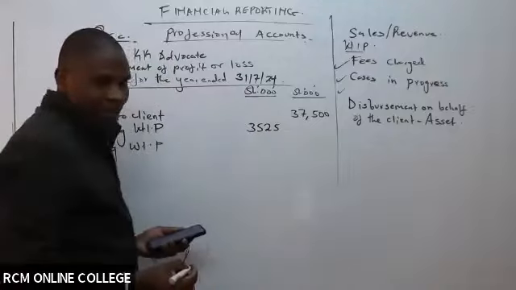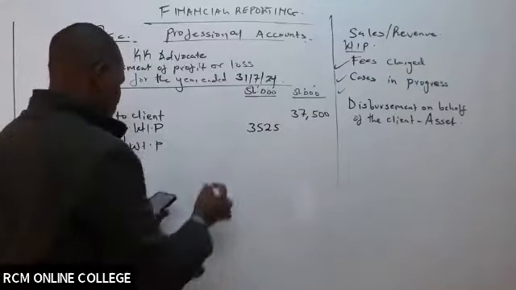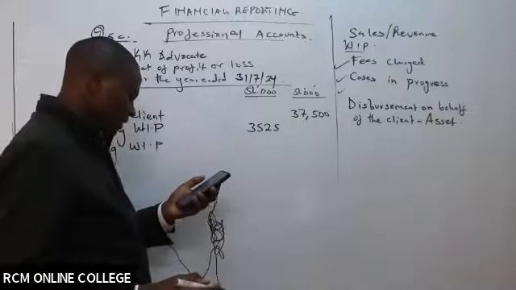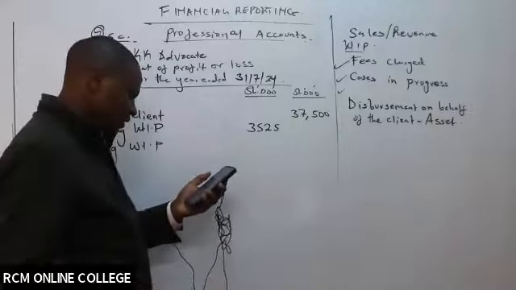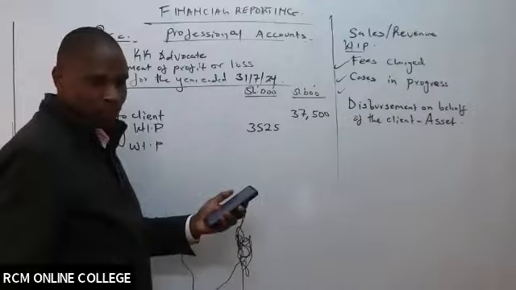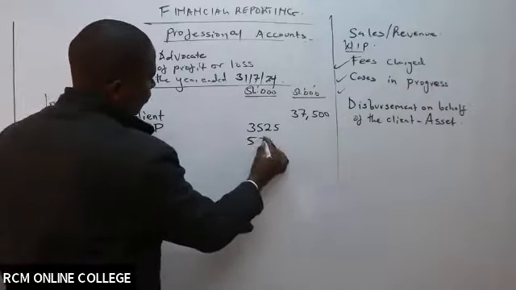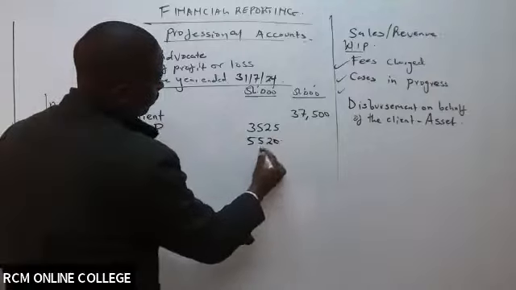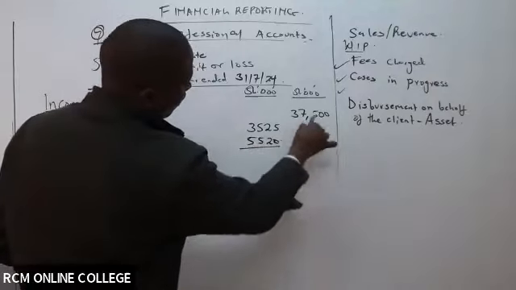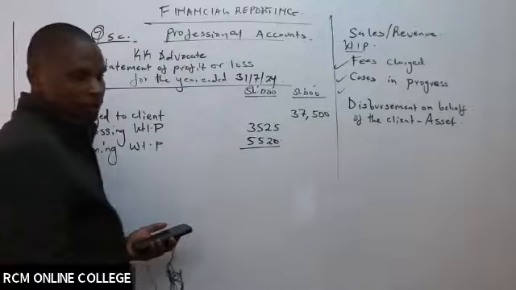And then we have opening WIP. What is the value of the opening WIP? I think that is also given. 5520. Now, class, you can give me the total here.